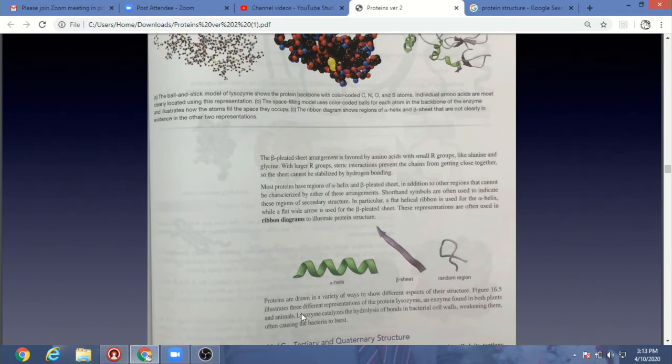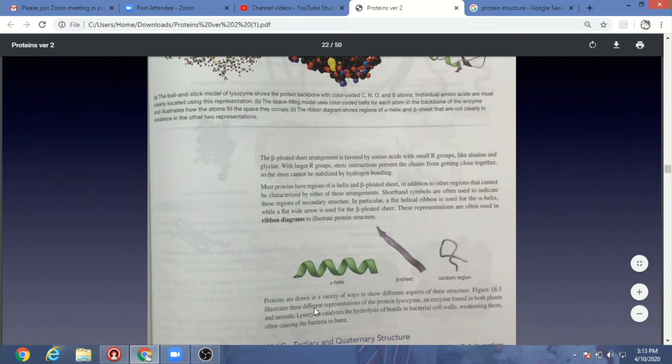Figure 16.5, which we already looked at, shows three different representations of the protein lysozyme, an enzyme found in both plants and animals. It catalyzes the hydrolysis of bonds in bacterial cell walls, weakening them, often causing the bacteria to burst. All right. So again, these are called ribbon diagrams. That's typically how you're going to see proteins.